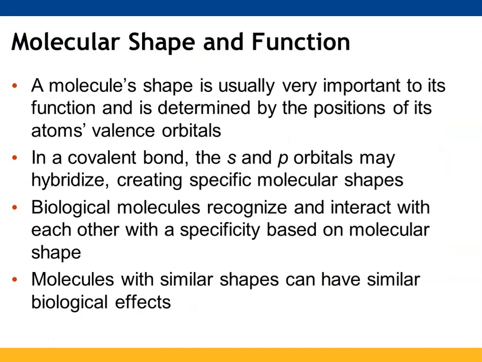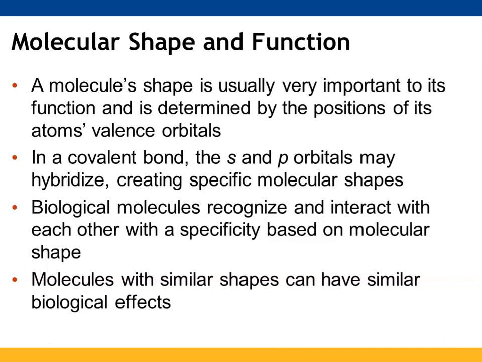In biology and chemistry, the shape of your molecule is definitely going to influence its ability to function. How its shape is going to be determined is based on those valence orbitals that are filled, how many pairs of electrons are present in that molecule, and how they're going to be able to work together to form a stable three-dimensional shape.